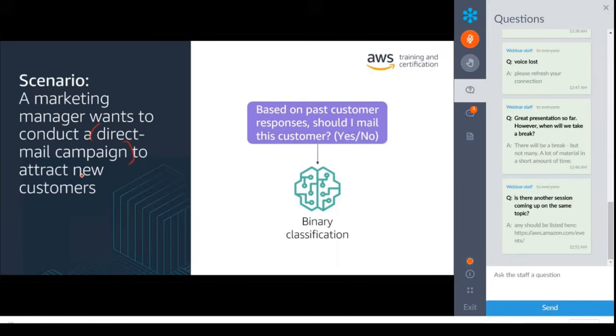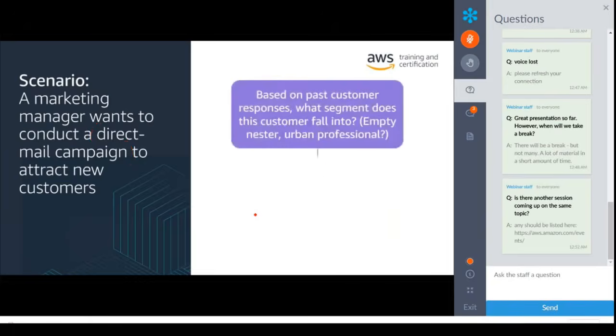So based on past customer responses, should I mail this customer, yes or no? Now you can say, okay, I need to choose some kind of model that will eventually output a 0 or a 1.